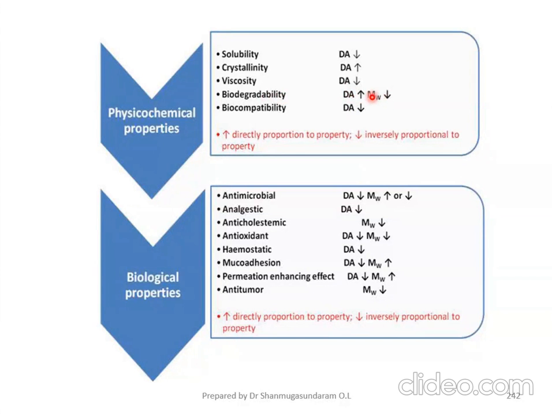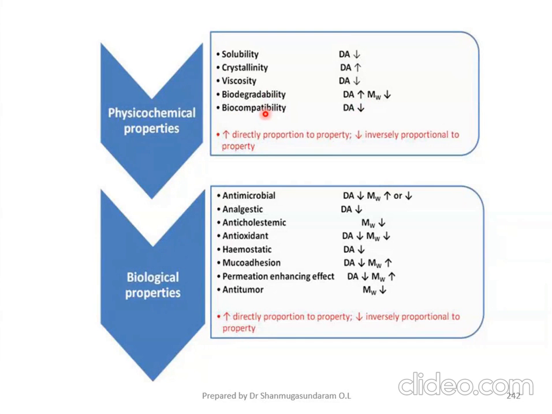If the molecular weight decreases, your biodegradability increases because these two are inversely proportional. But here these two are directly proportional. Then what about biocompatibility? Your degree of deacetylation decreases, your biocompatibility increases.